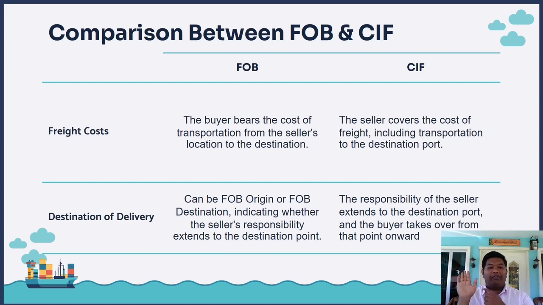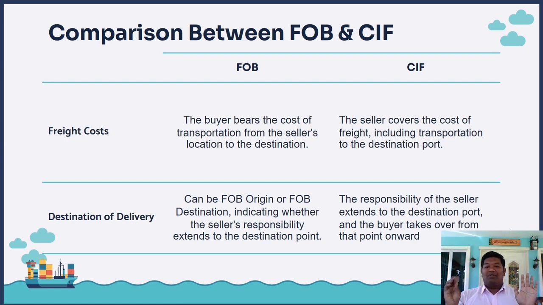CIF primarily involves the cost of goods and transportation. Any additional costs such as maybe destination port costs and customs costs are the buyer's responsibility. Alright, so risk during transit.